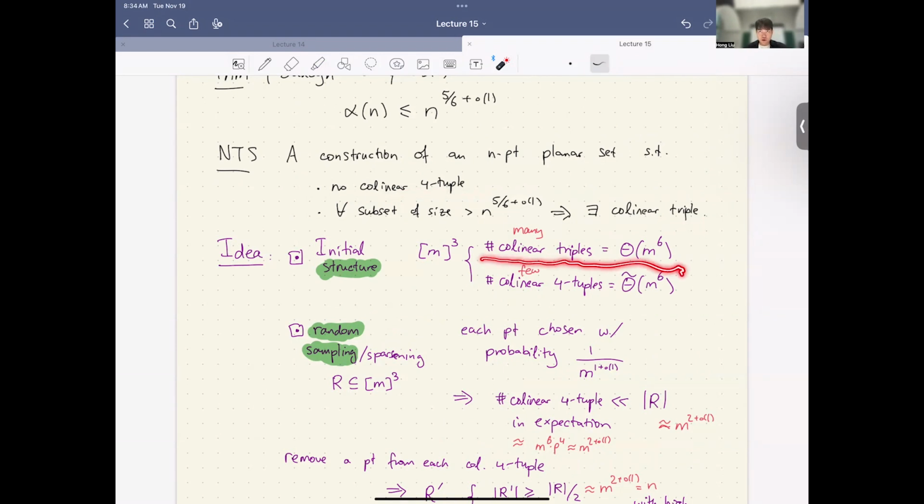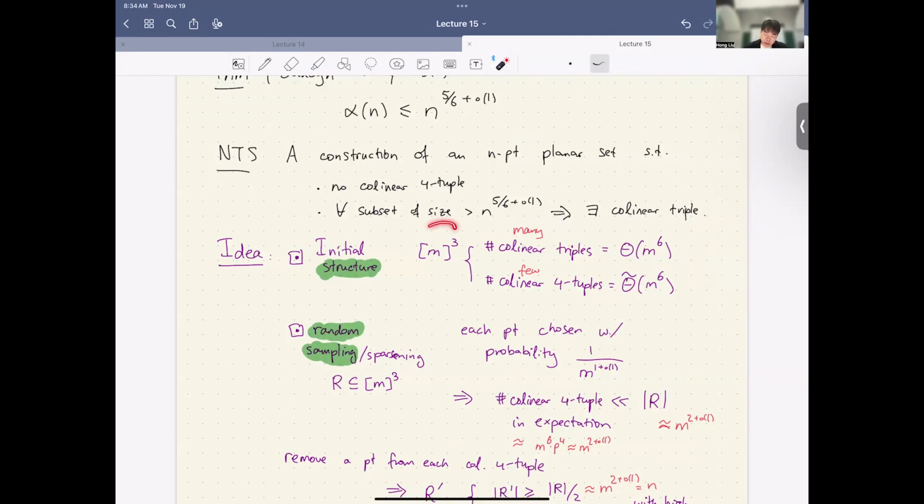It's rich in collinear triples, but it has maybe not 0 collinear 4 tuples, but ideally very few. If we do random sampling, then because the order of decay for collinear 4 tuples is p to the 4, when you choose each point with probability p, and the order of decay is p to the 3 for collinear triples, the collinear 4 tuples will die out much more quickly.